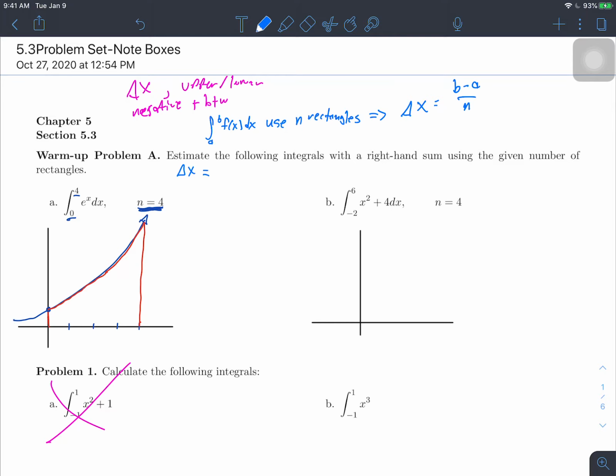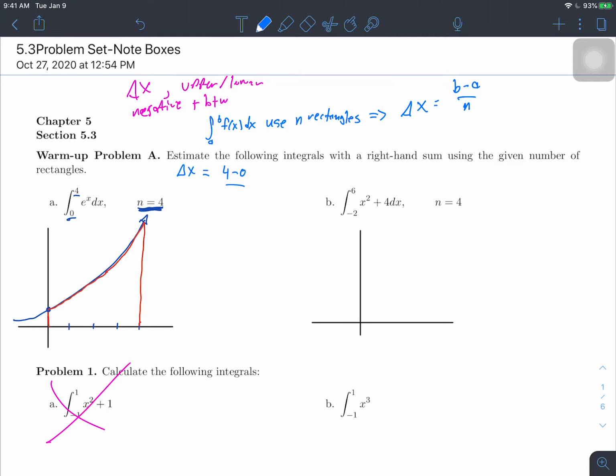It's not always going to be nicely equal to 1, like it is in this problem. So when on your homework you see things that ask you what delta x is, that's what they're talking about. It's the width of each rectangle. And this is how you find it, b minus a over n. In our case, b is 4, a is 0, so we do 4 minus 0 over n.